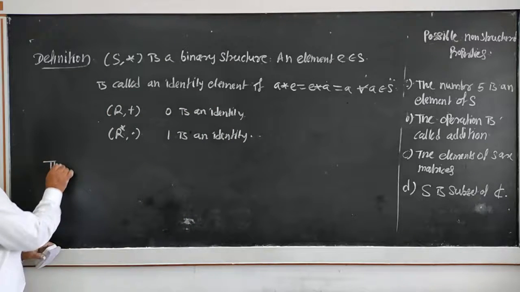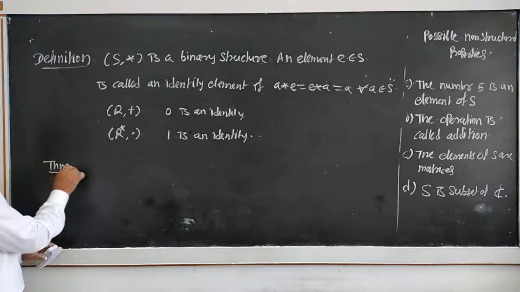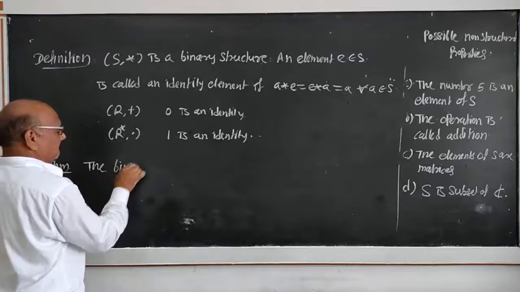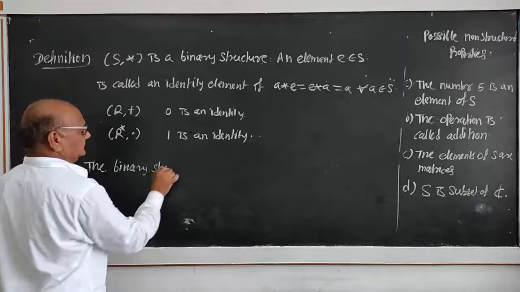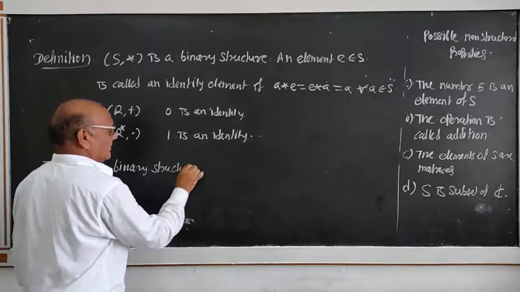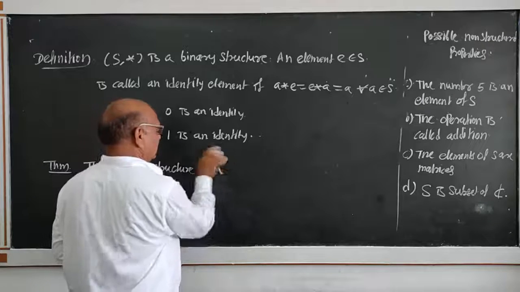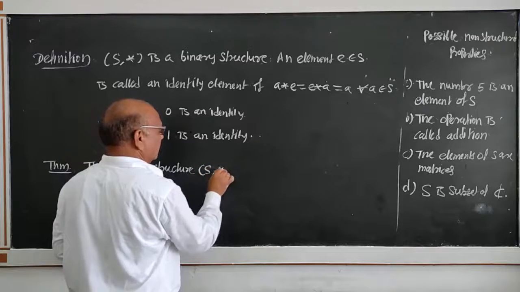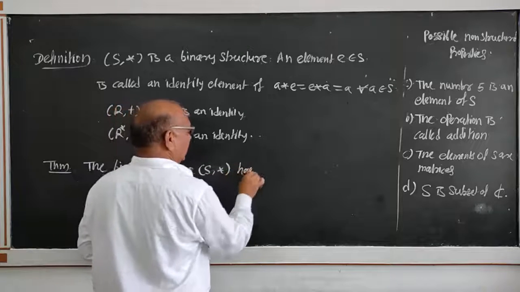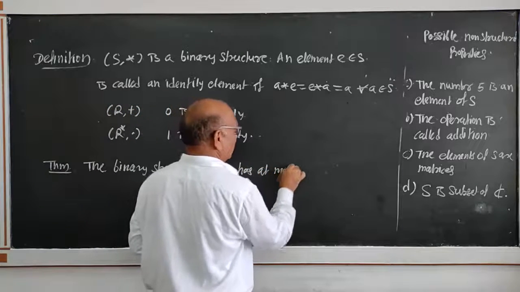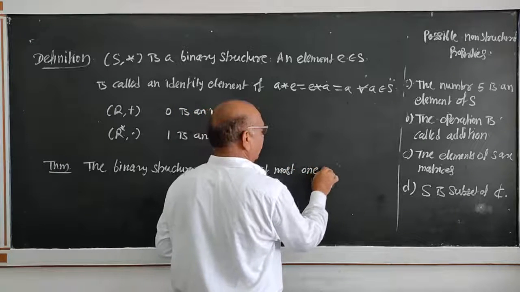Next theorem. A binary structure has at most one identity.